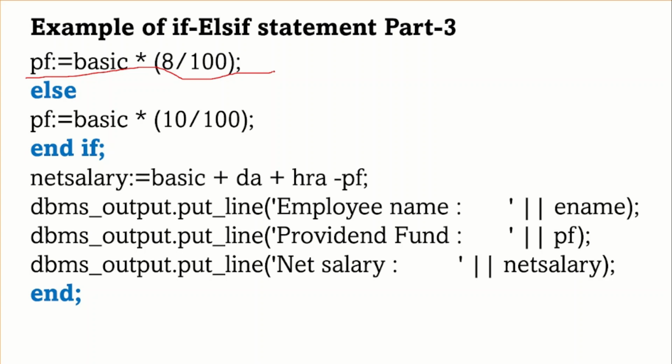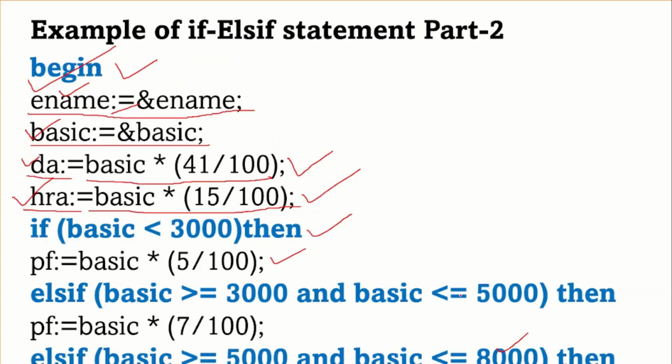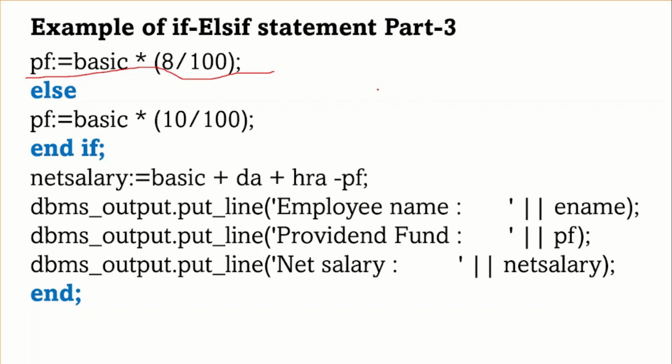Otherwise, beyond 8000, suppose your basic is 8001, in that case there is a flat rate or flat percentage. If your basic is more than 8000, your PF will be calculated as 10% of basic salary.